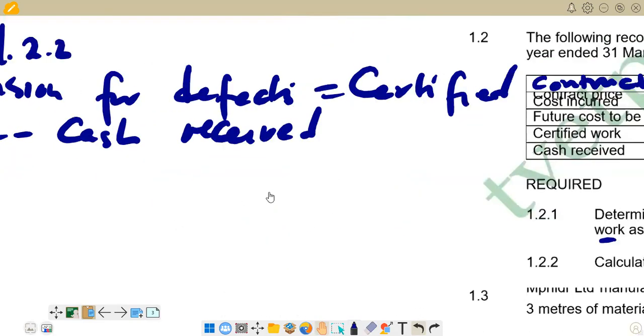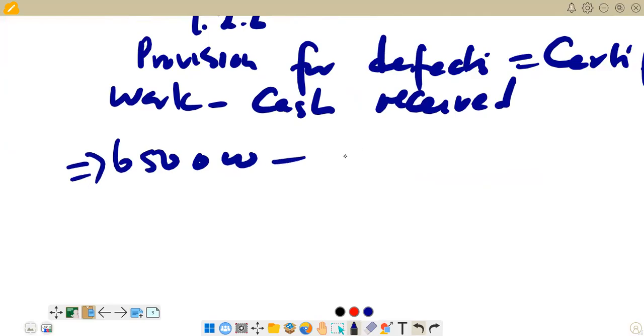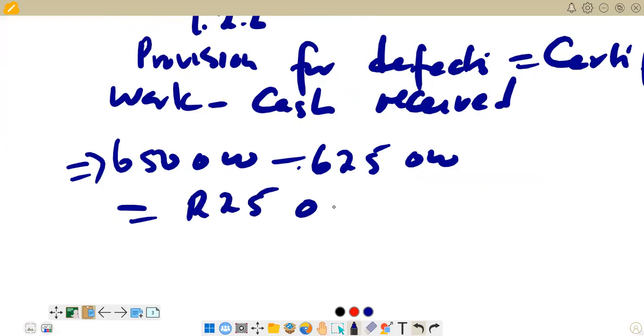So 650,000 minus 625,000. The answer that I'm going to get there is 25,000. So this marks the last question, this provision for defects. This is the last part of our question.